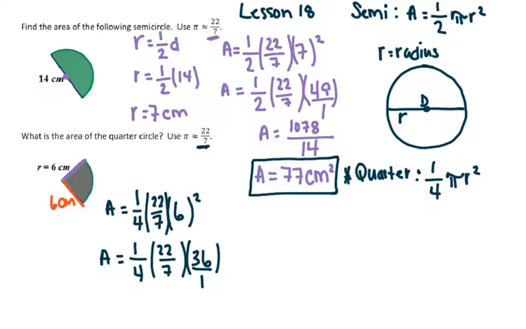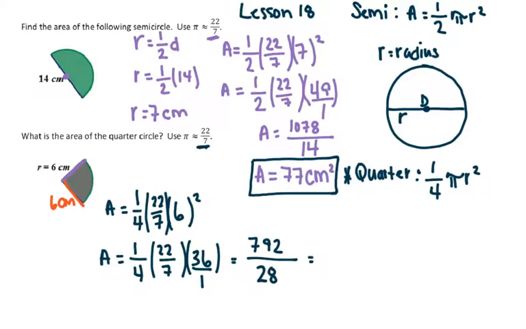So, whoops, sorry guys, I dropped my pen. Okay, so 36 times 22 is 792. So I have 792 over, on the bottom of my fractions, I've got 4 times 7, which is 28, times 1 is still 28. So now I have 792 over 28.